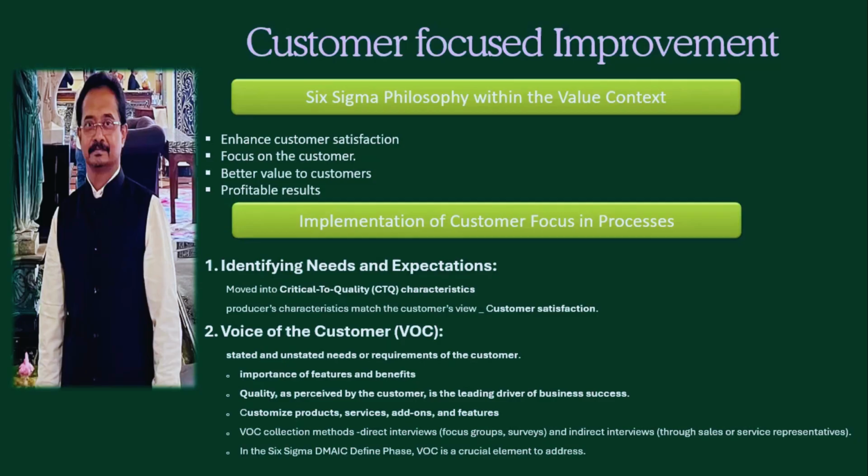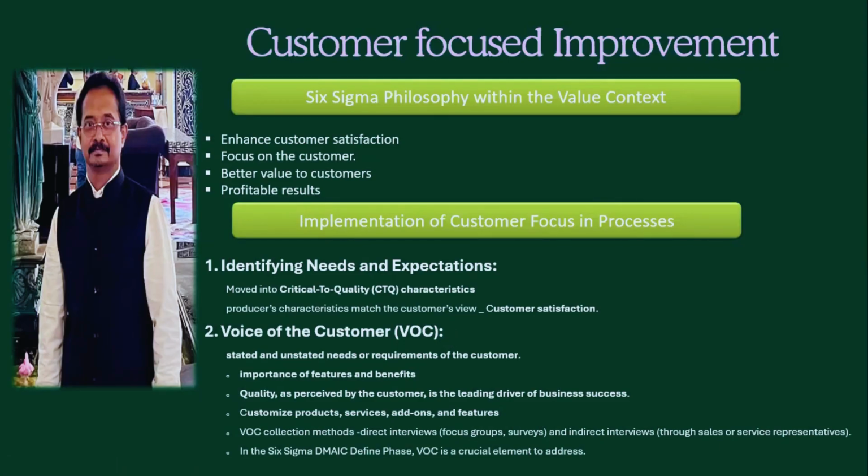In implementation, we identify the needs and expectations of the processes. To reach the client goal, how am I going to convert my client need into CTQ, critical to quality? That's what Lean Six Sigma focuses on. Here the important topic is voice of the customer, a very important term in Six Sigma.